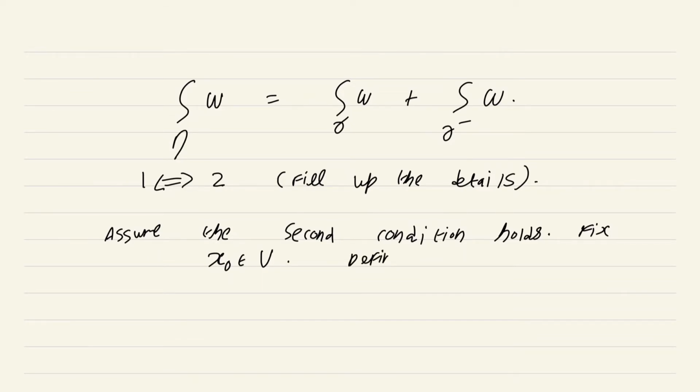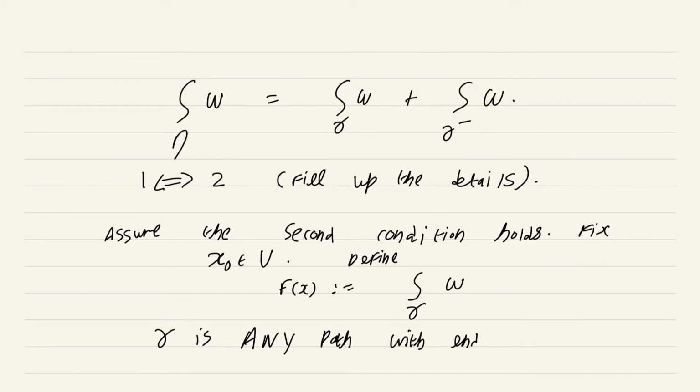Define f of x by definition to be the integral of omega along gamma, where gamma is any path with starting point x naught and ending point x.